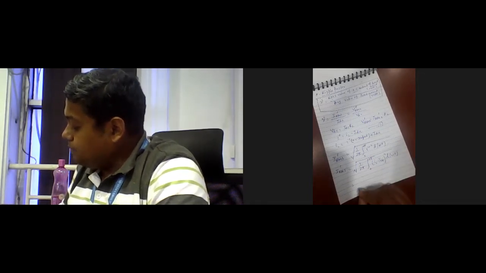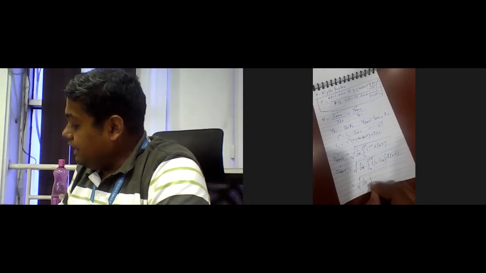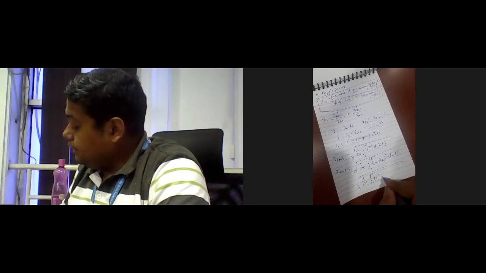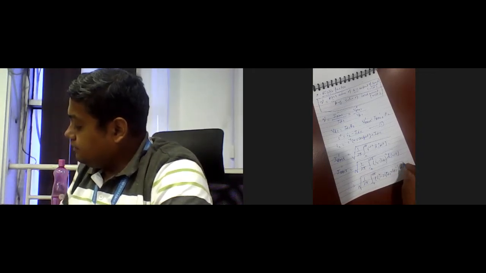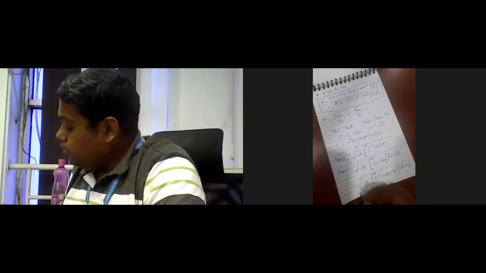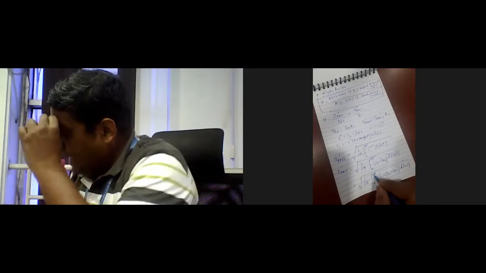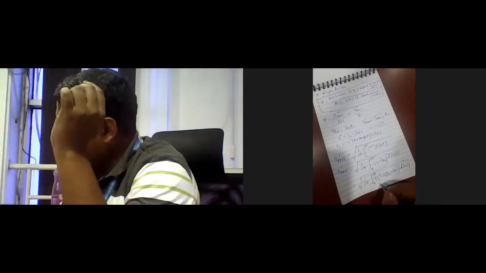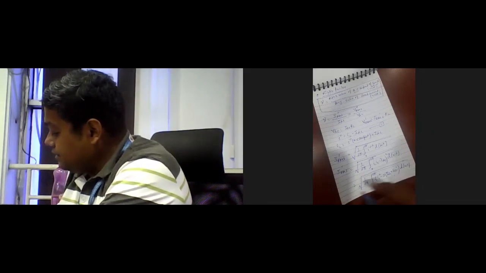Now if we expand this square over here, integral 0 to 2 pi, that is I_L square minus 2 I_L I_DC plus I_DC square d of omega t. Root over 1 by 2 pi integral 0 to 2 pi of I_L square minus 2 I_L into I_DC plus I_DC square, that is I_RMS prime.